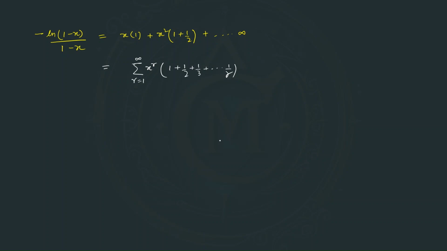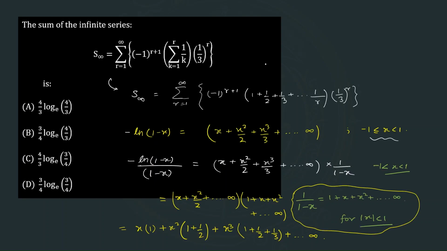Now notice that this expression is similar to this expression except for a negative sign outside. How? Because here, if you for some time assume that minus 1 by 3 is equal to x, then this series s infinity can be written as this minus outside, then this summation r equal to 1 to infinity, then minus 1 by 3 whole to the power r times 1 plus half plus so on up to 1 by r.